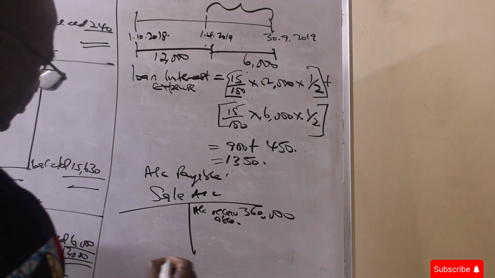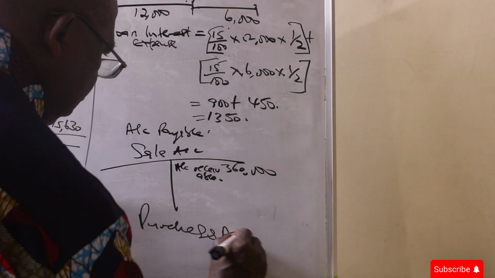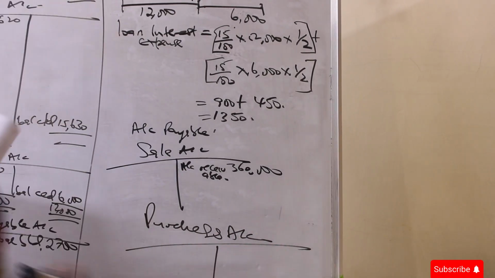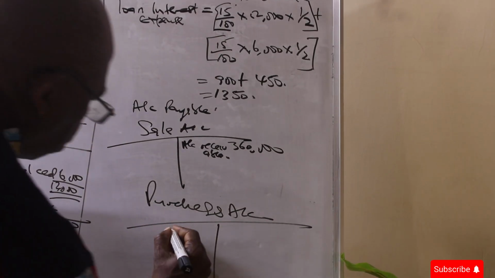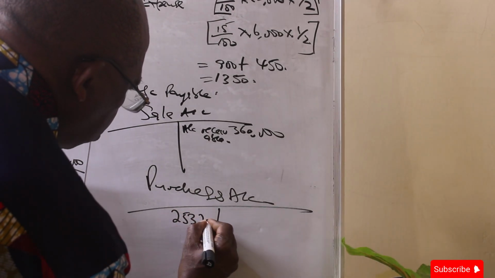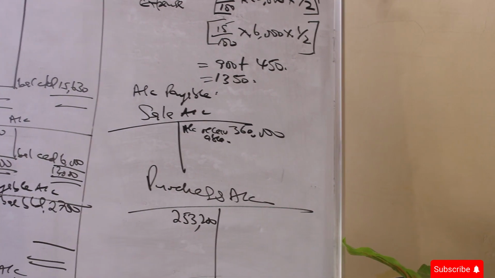And then we have our purchases account. We are told our purchases amounted to 253,200. When we buy on credit, we debit purchases and we credit accounts payable.